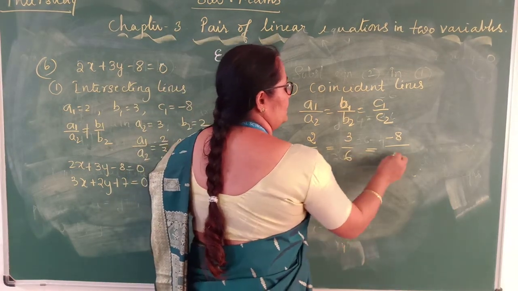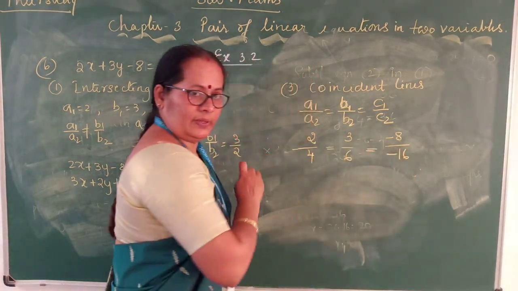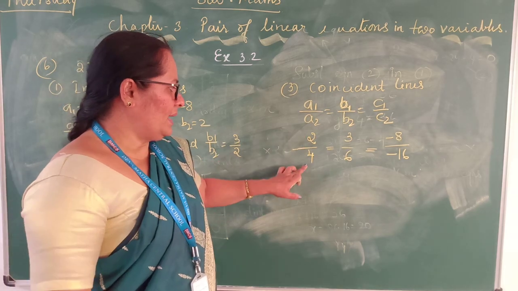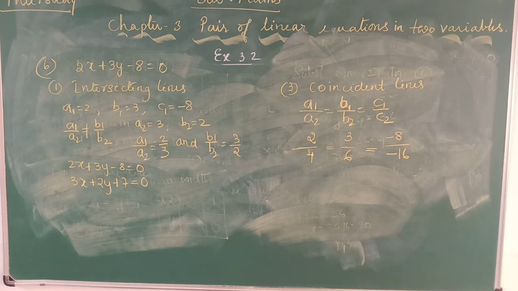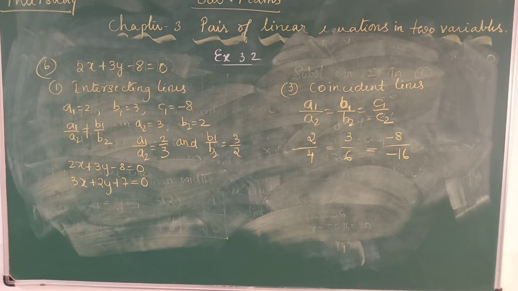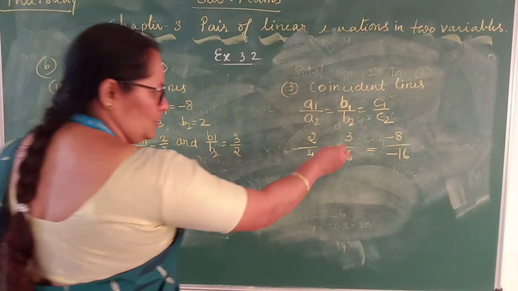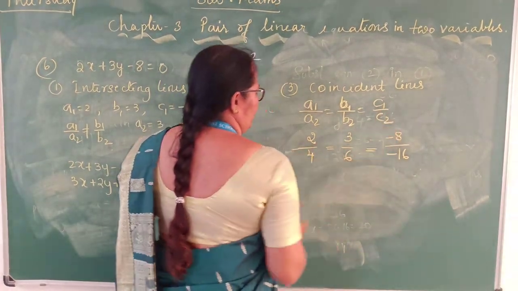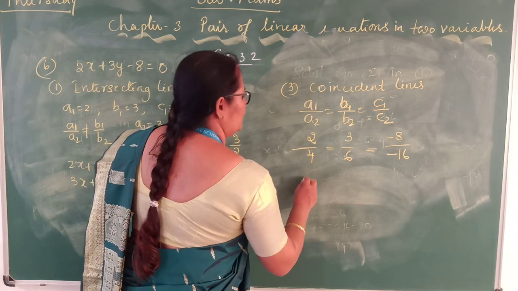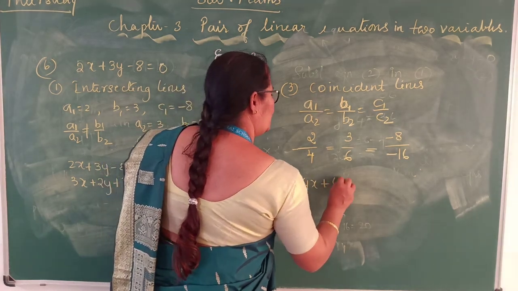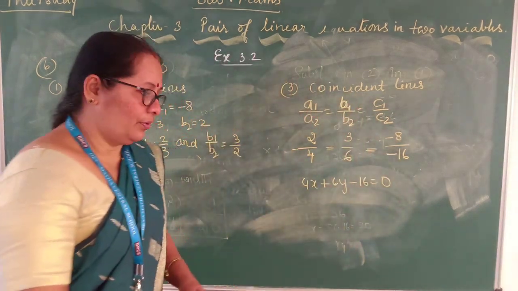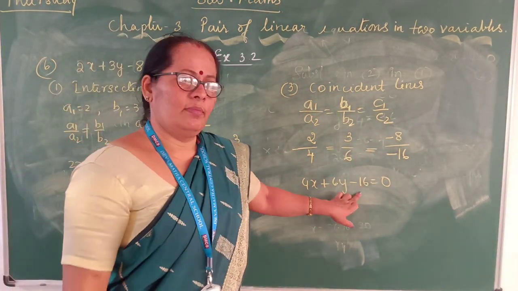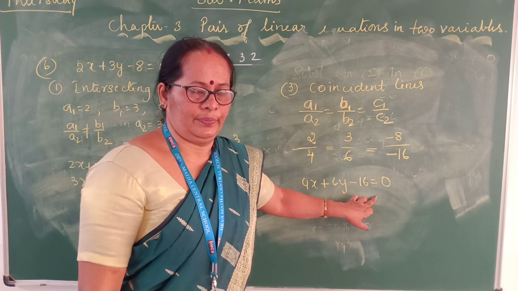Here I will take 6, here I will take 16. Now see the ratios: 2 by 4 is 1 by 2, 3 by 6 is also 1 by 2, minus 8 by minus 16 is also 1 by 2. Therefore, all the ratios are equal. So the equation is 4x plus 6y minus 16 equals 0.